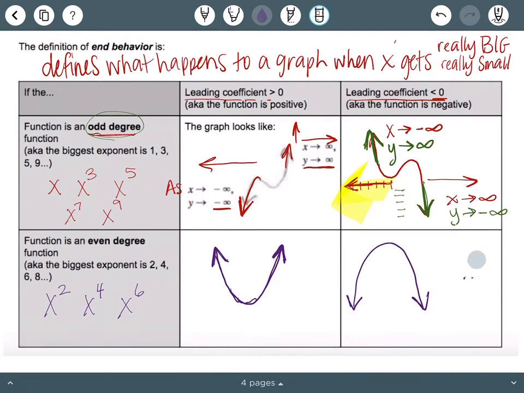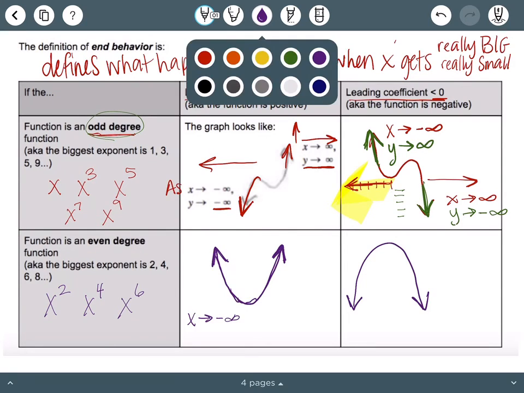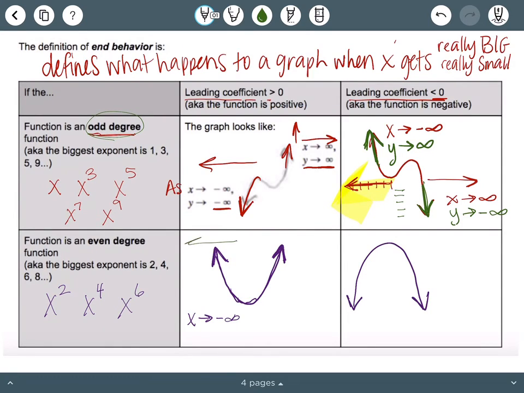So what we can see here is we're going to do the exact same thing. We're going to say as x goes to negative infinity, right? So as we head in this direction, I'm going in that direction on my graph. What's happening? My y's are increasing. So my y's are going to positive infinity, right?